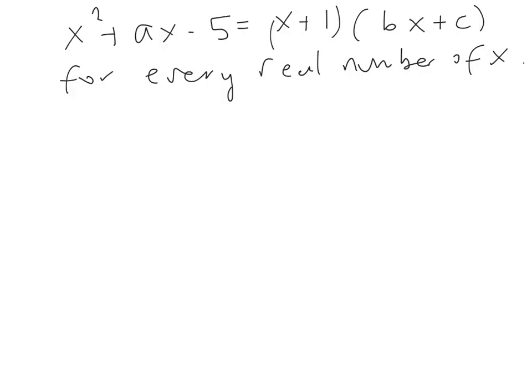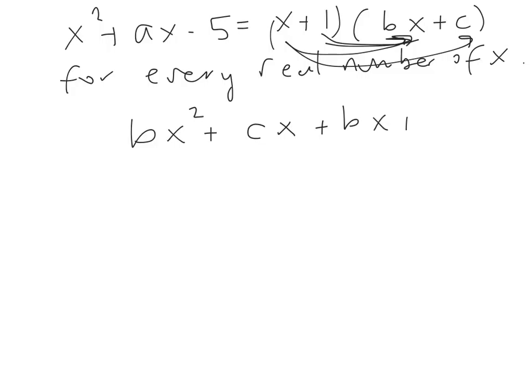So how can we solve this problem? Let's try distributing x plus 1 over bx plus c. As you know, what is x times bx? X times bx is bx squared, plus x times c is c times x. 1 times bx is bx, plus 1 times c is c.